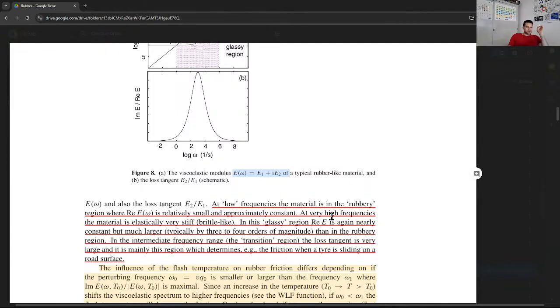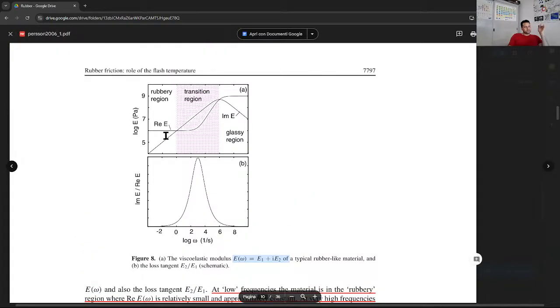In this glassy region, the real elastic modulus is again linearly constant, as we see here. The real elastic modulus rises with frequency until a point, and at high frequency it is basically constant.